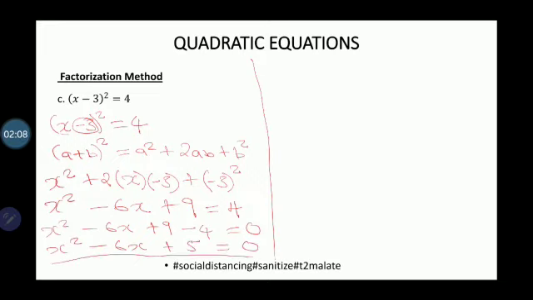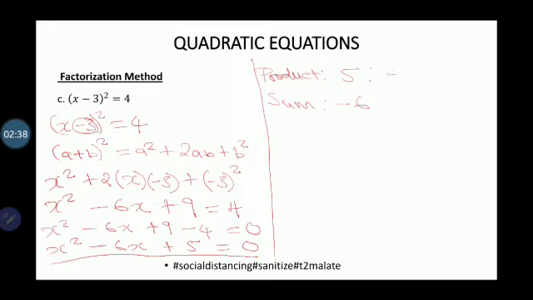Now we have a quadratic equation. So we identify our product, which is 5, and our sum, which is negative 6. So we look at 2 factors of 5 which, when we add, we get negative 6, and when we multiply, we get positive 5.